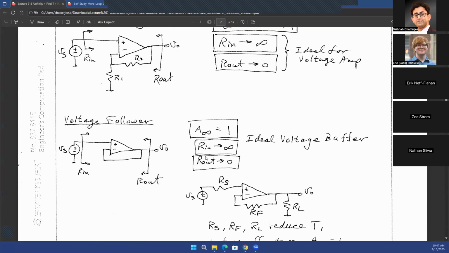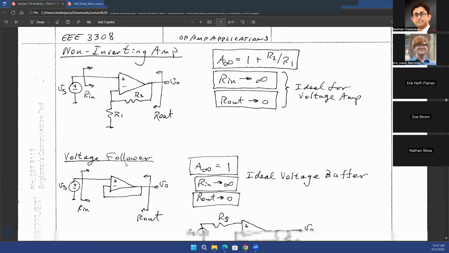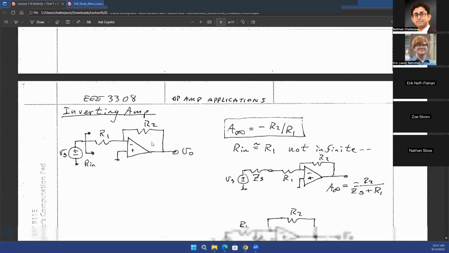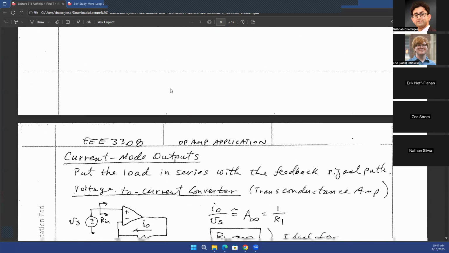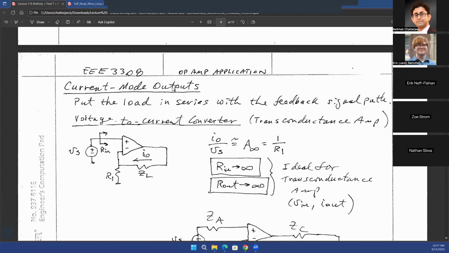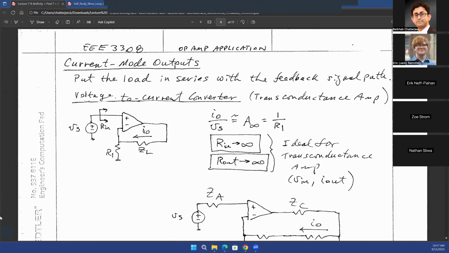Now, we were looking into a few different examples for non-inverting op-amps, voltage followers. Then we looked into inverting amplifier, summing amplifier, I2V converter in the last lecture. One thing that we did not look into in detail was a current mode output. So basically, if you have a voltage source at your input, but you're trying to find out what is the current going through the ZL resistance at the output.